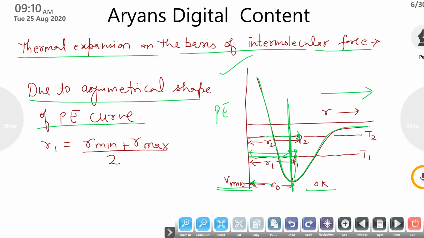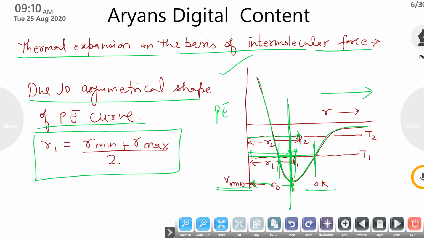So we can say that this is not the reference line. For the reference value, that is the average interatomic separation, we can use this equation: R minimum plus R maximum divided by 2. So it is the average of minimum and maximum separation. This is the minimum separation and this is the maximum separation from the reference point.